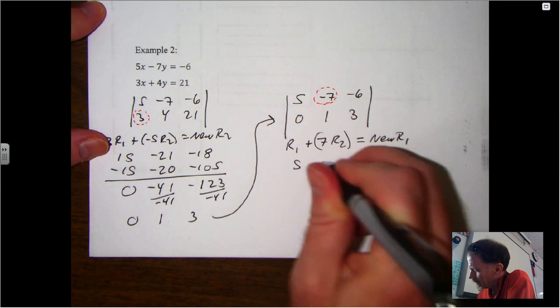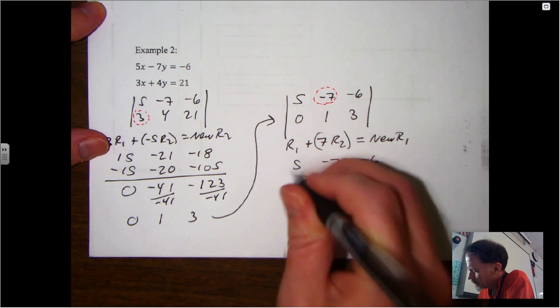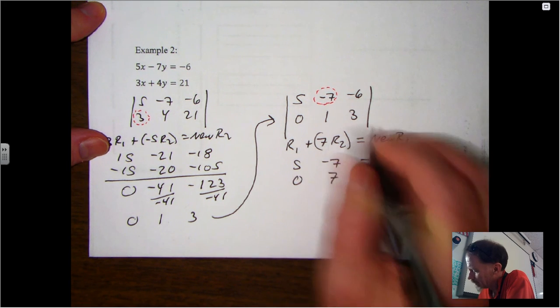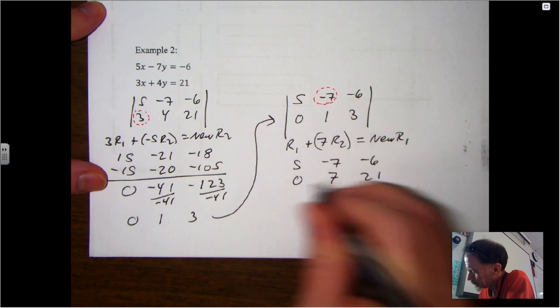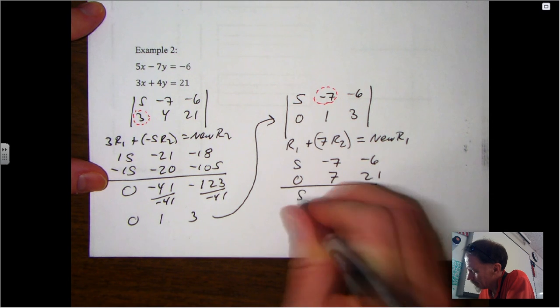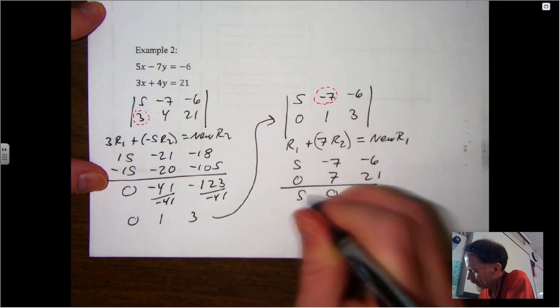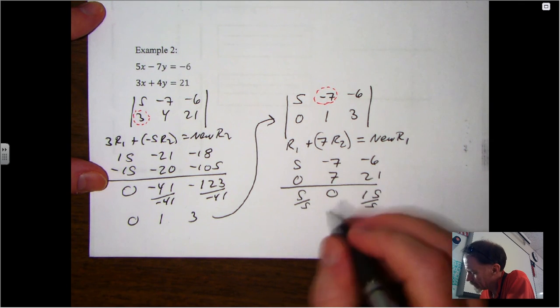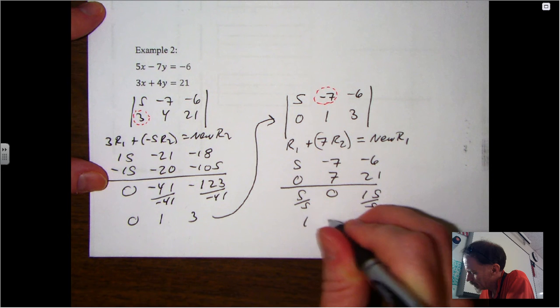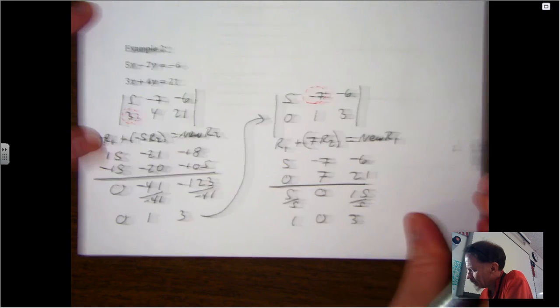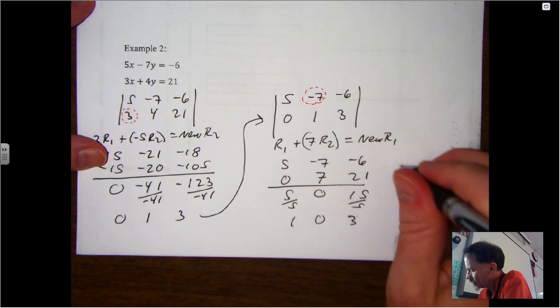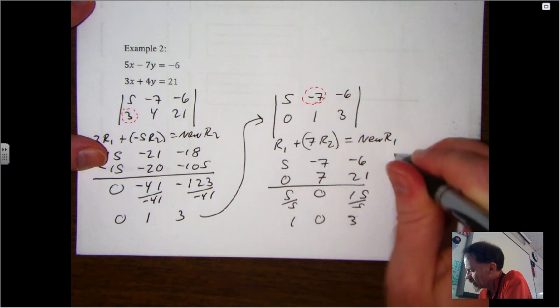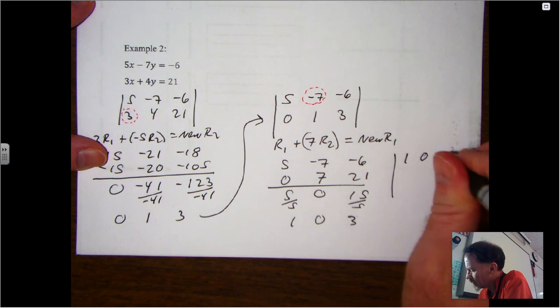So we get 5, -7, -6, and 0, 7. 7 times 3 is 21. And we have 5, 0, and 15. Just like always, I can divide by that leading number, 5, and we get 1, 0, and 3.